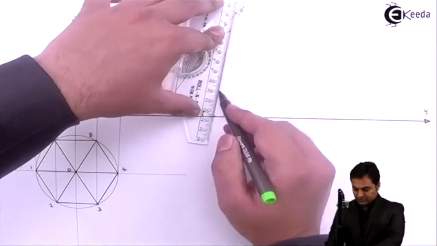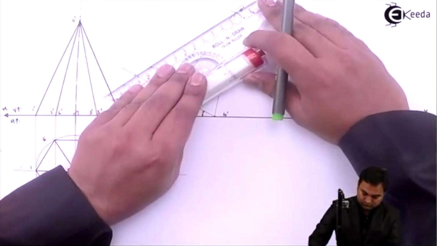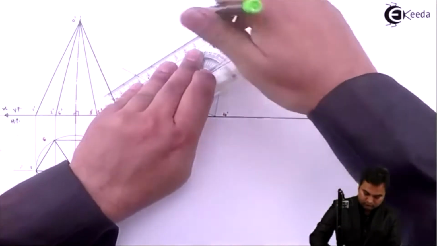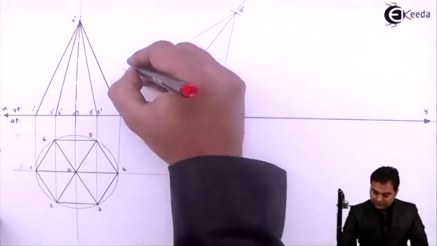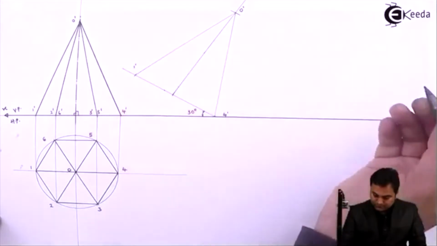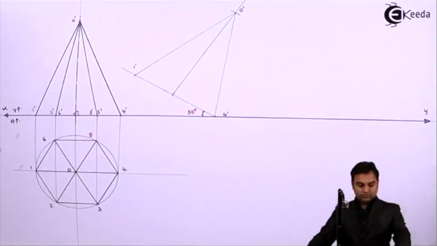Joining 4 dash and O dash. This point is 1 dash. And now I have to mark 2 dash, 6 dash and 3 dash, 5 dash.